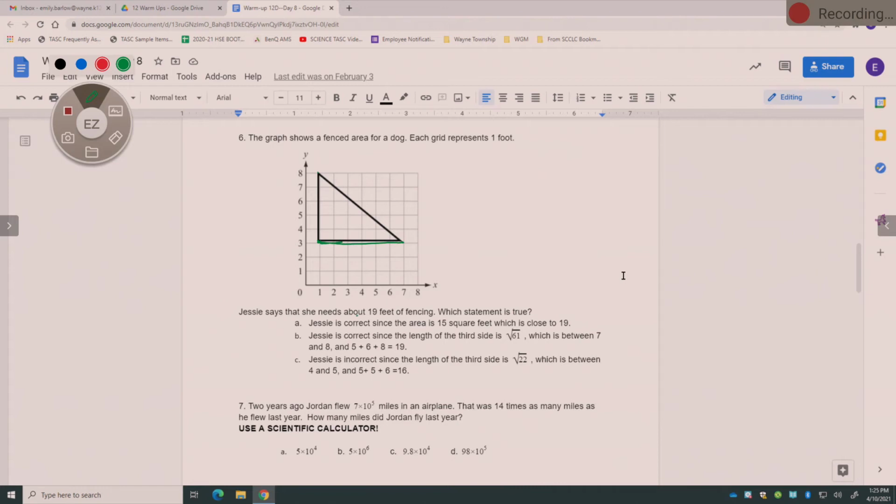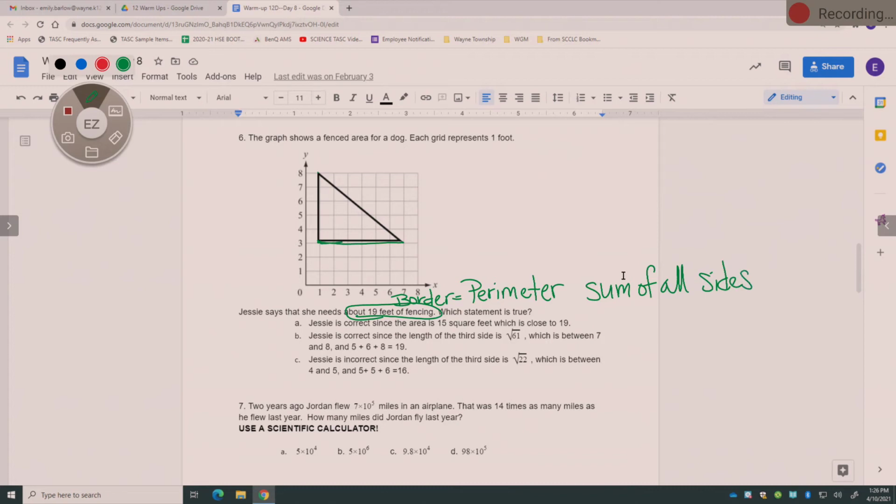Which statement is true? Remember, if we're looking at fencing or border, we're looking at perimeter. And perimeter is the sum of all sides.